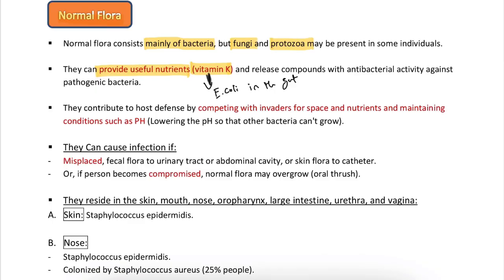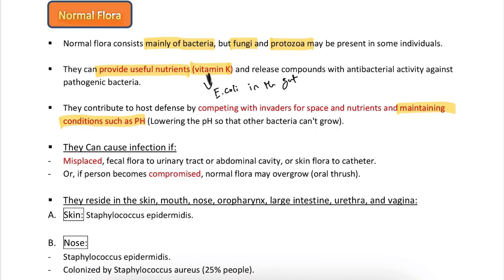Next, the normal flora maintains homeostasis. Homeostasis means it helps maintain conditions such as pH, for example lactobacillus in the vagina, which keeps it acidic to prevent pathogen growth.